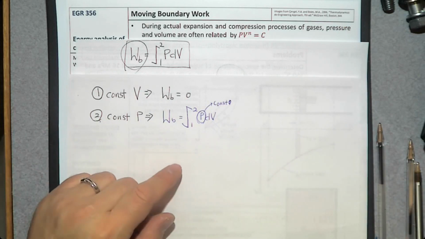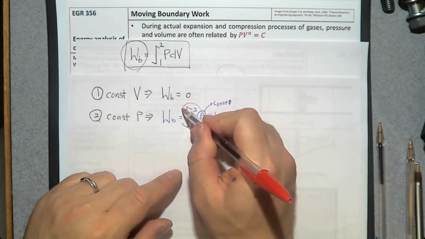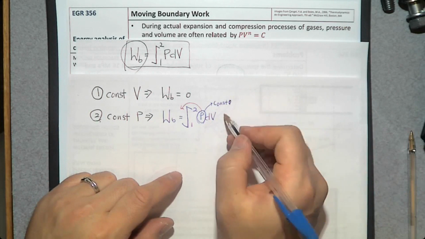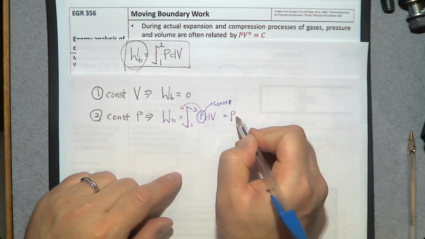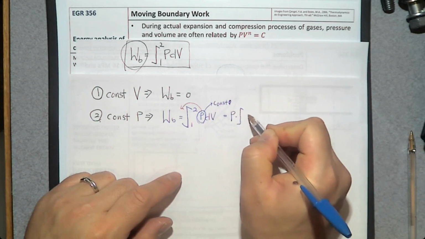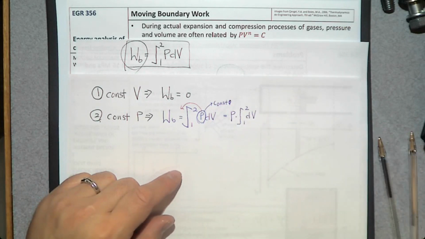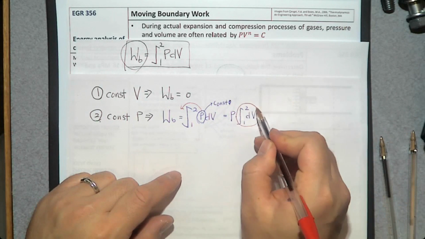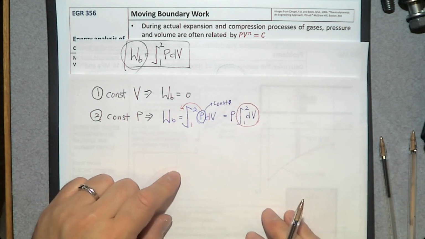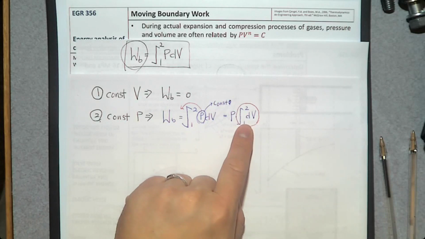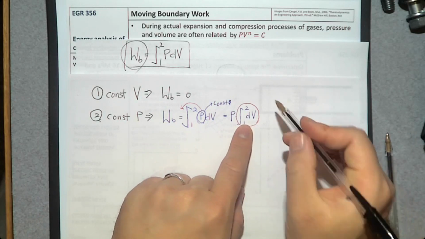So P goes out. Then we have P times the integral of dV from 1 to 2. Can you solve this one? V2 minus V1, right? There's nothing inside. So it's going to be V2 minus V1.